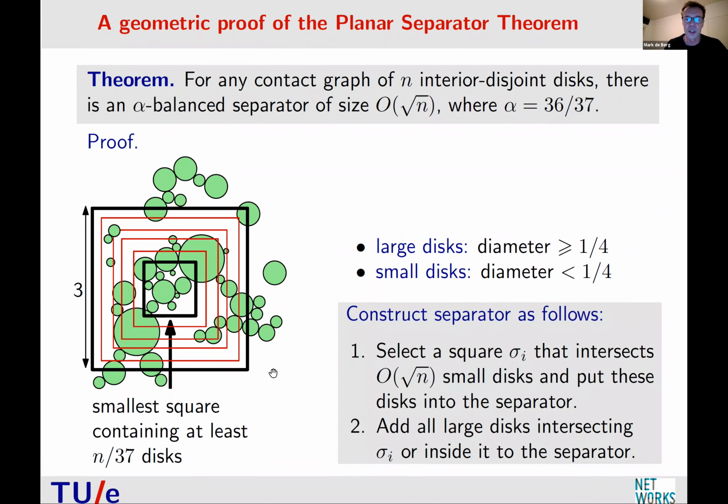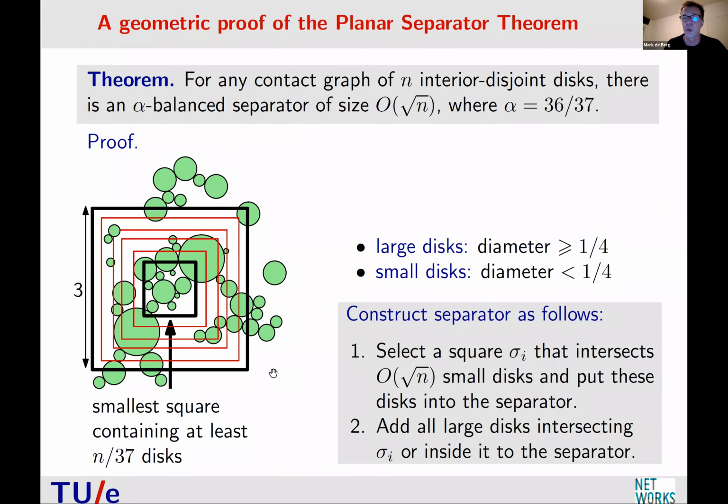So my separator construction is as follows. Of all of these square root of n squares, I'm going to select one that intersects square root of n of my small disks. Of course, I have to argue that this is possible, but that's the square that I will take. Then I'm going to put all the disks intersecting this sigma I in my separator.